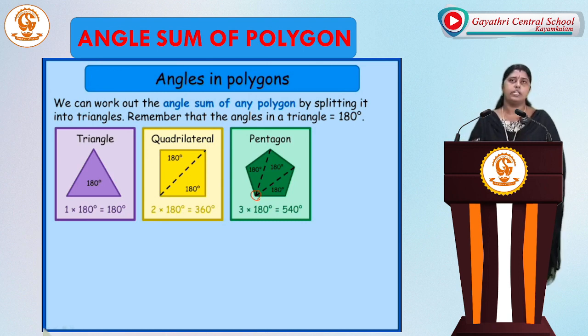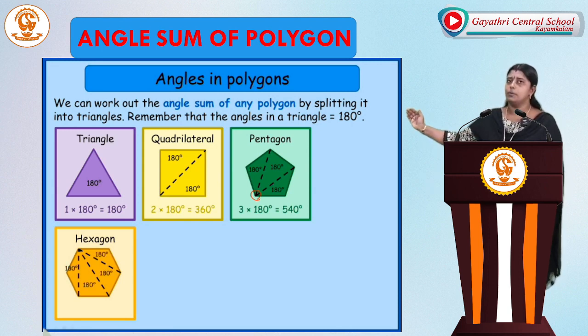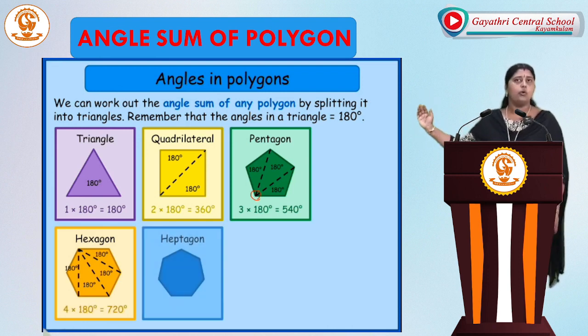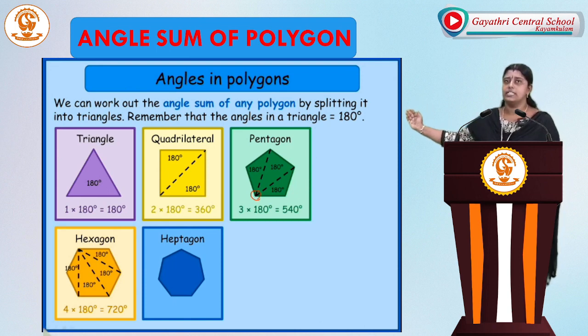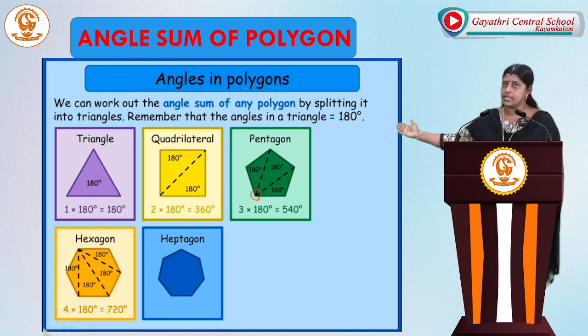Again, we go to the hexagon. In a hexagon there are 6 sides. How many triangles are formed? 6 minus 2 triangles, that is 4 triangles. So 4 into 180 is 720. Yes, let us check the heptagon, a 7-sided polygon.